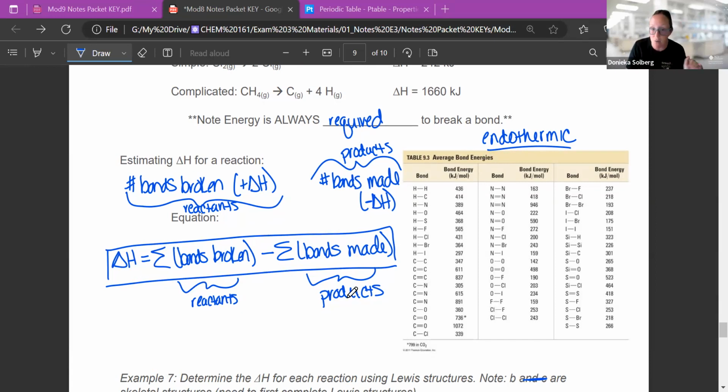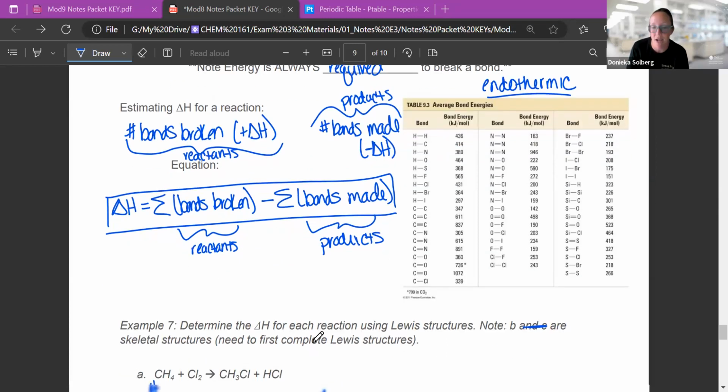So using bond energies, you do reactants minus products, because in reality, we're breaking all my reactants and making all of my products. We can look up in this table how much energy is associated with a specific bond, and calculate, or really estimate, the enthalpy for a specific reaction.